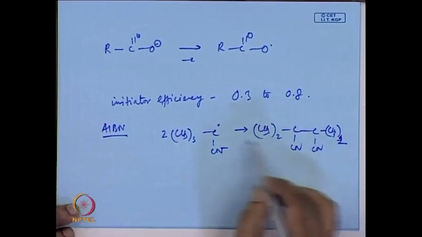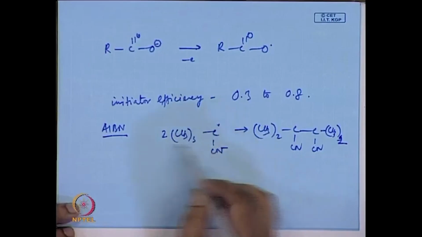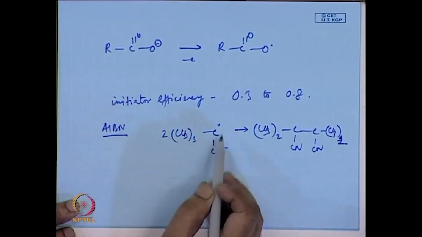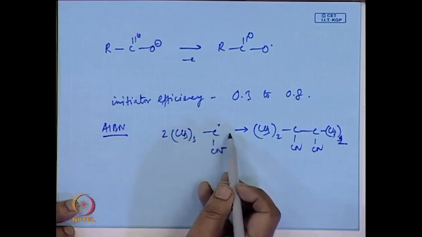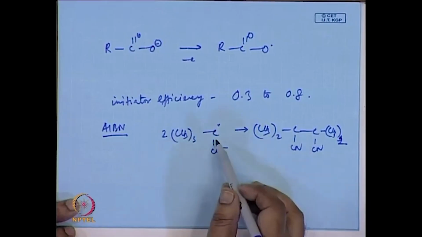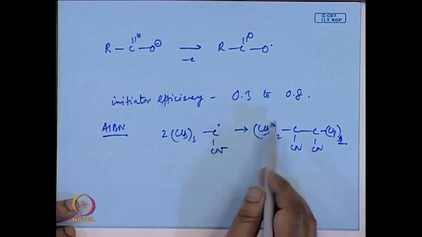In this case, part of the radicals which were generated by homolytic cleavage of AIBN are getting destroyed, in the sense they are becoming inefficient or dead non-radical species by reacting with themselves. So, part of them are lost.